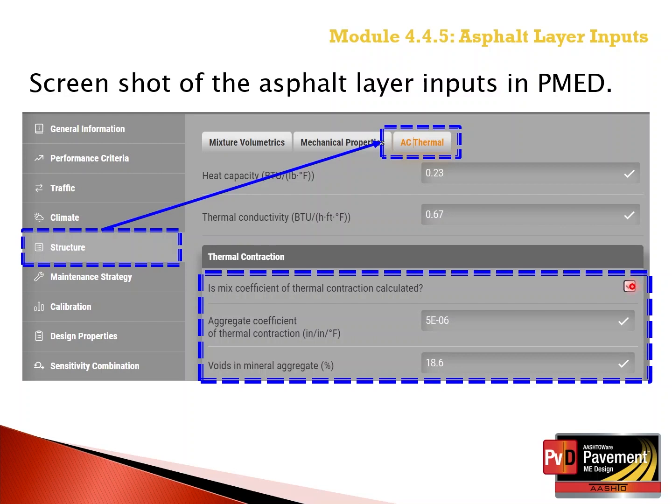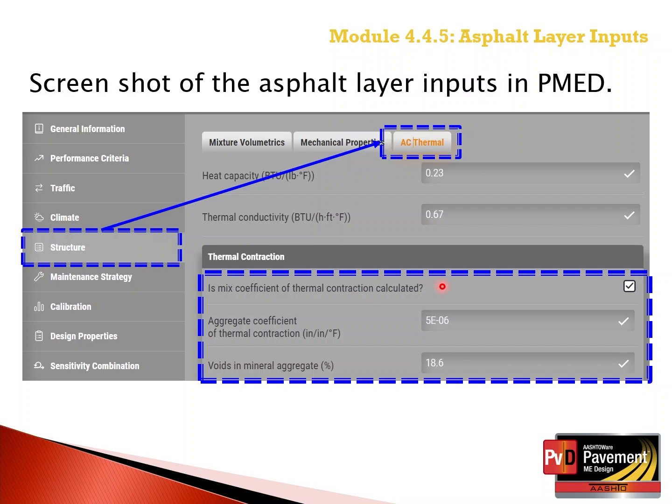The coefficient of thermal contraction of the asphalt layer entered in the software should be consistent with the calibration process for the length of transverse cracks. So for the global calibration, the software was used to calculate the coefficient of thermal contraction.